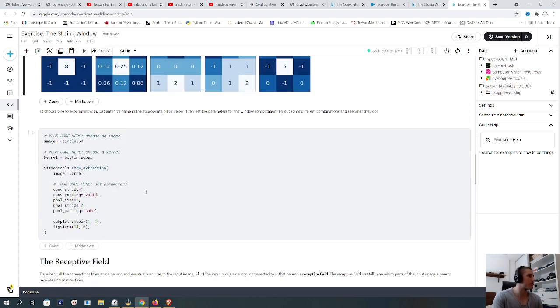To choose one to experiment with, just enter its name in the appropriate place below, then set the parameters for the window computation. Try out some different combinations and see what they do. So put the image here, the kernel, vision tools, extraction. And then you can change the pool size, pool stride and conv stride, I guess.